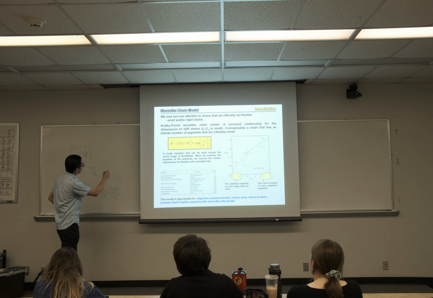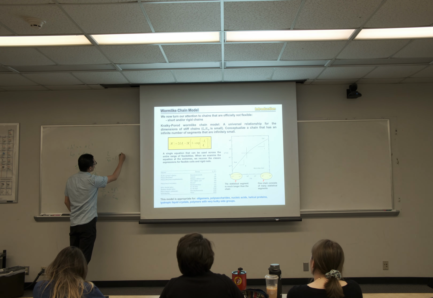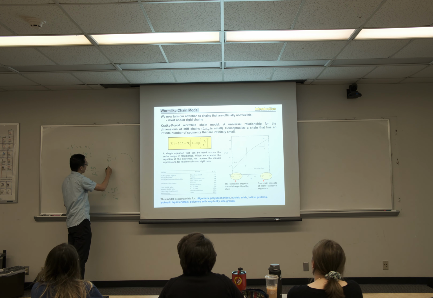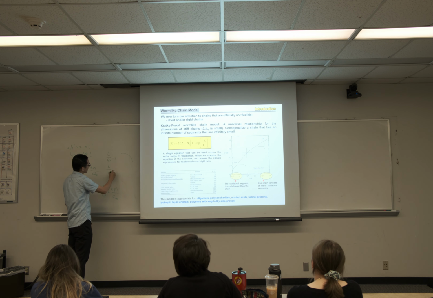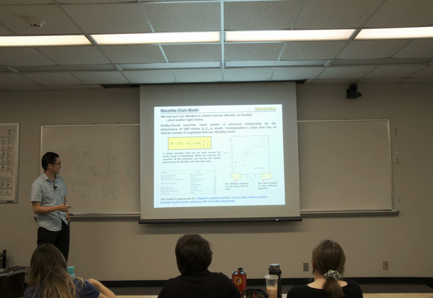So in the middle of the curve, L divided by LP equals 1, which basically says the chain is only this long. If L divided by LP is, let's use the number 10, that means there are 10 segments of that, so it will be like this. Make sense?